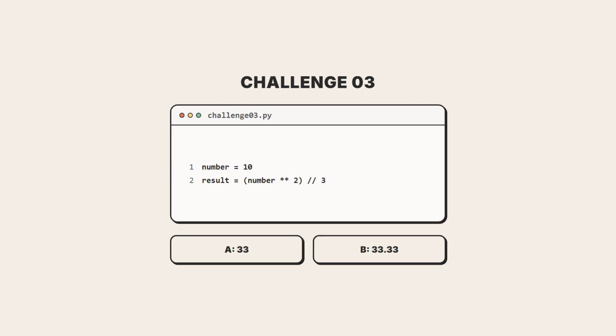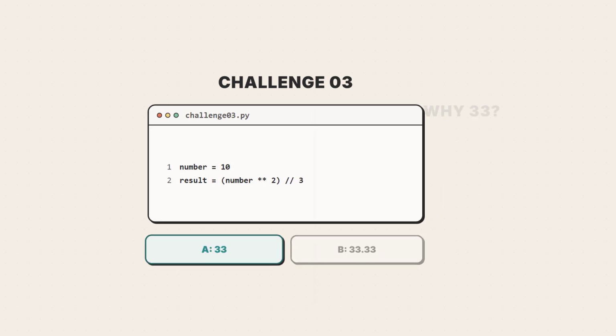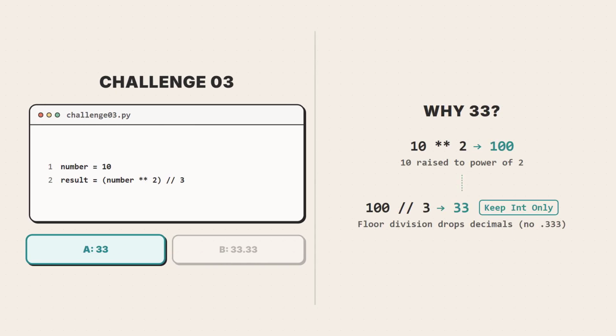Pause the video and make your choice. Ready? The answer is Option A, 33. First, 10 to the power of 2 is 100. Then floor division divides 100 by 3 and rounds down to the nearest whole number, dropping the decimal part.